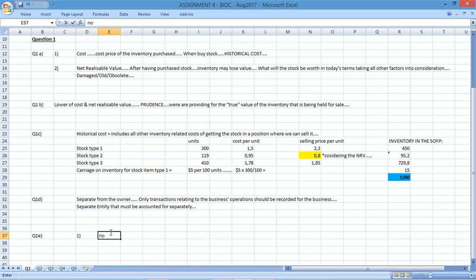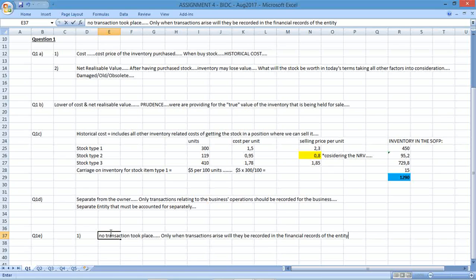Well, no transaction has arisen. Okay, so no transaction took place. Let's use that. Only when transactions arise will they be recorded in the financial records of the entity or the business.